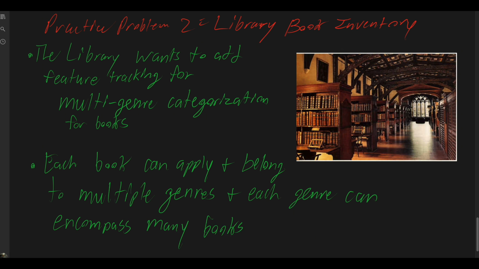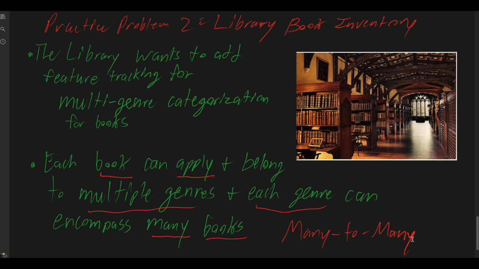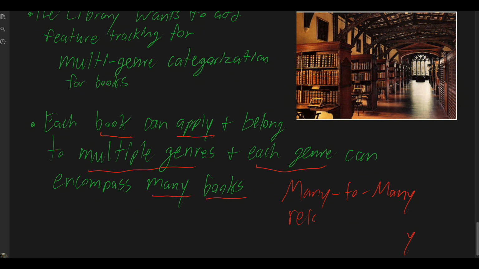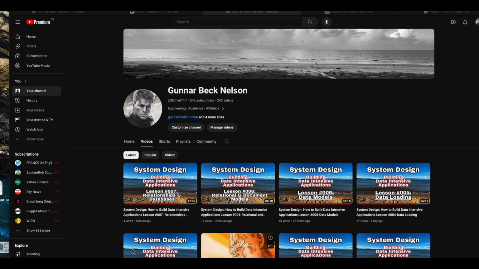So we already know, just based on what they were requiring, that we have a book, or any book, applying to multiple genres, or each genre to many books. It looks like we have a many-to-many relationship here.